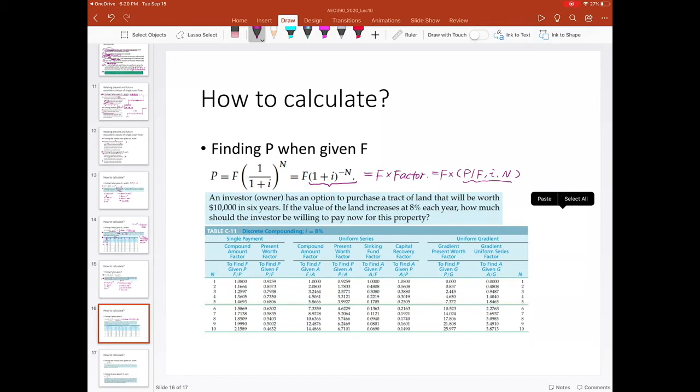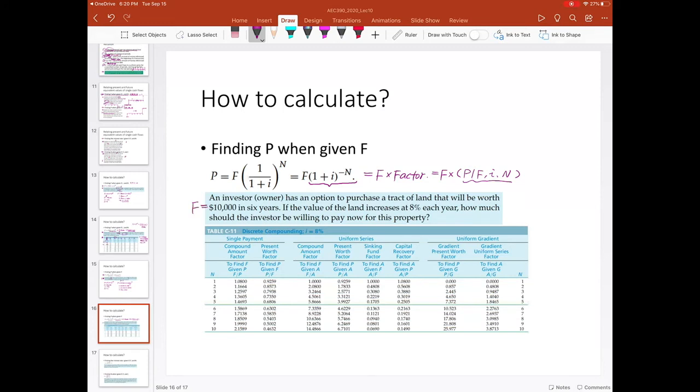And then the next thing is, how do you find out the value of this factor? Of course, you use the table in Appendix C, okay? So let's use this example, the same example of buying a piece of land, okay?